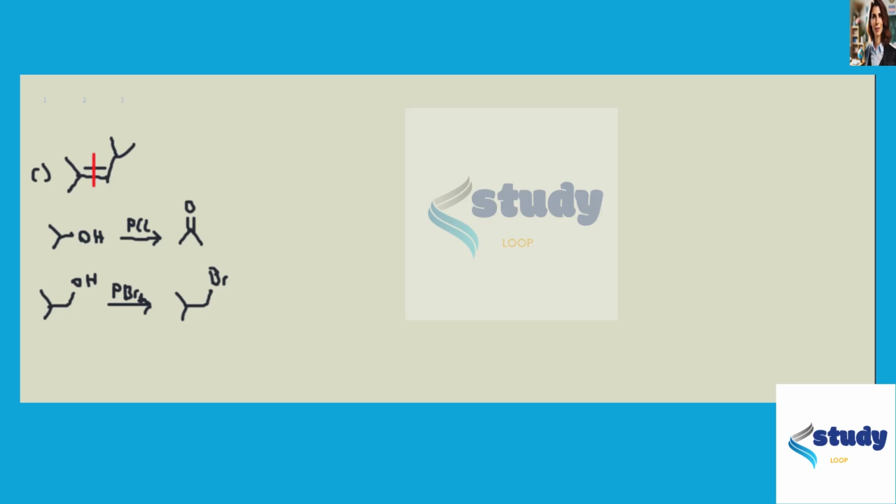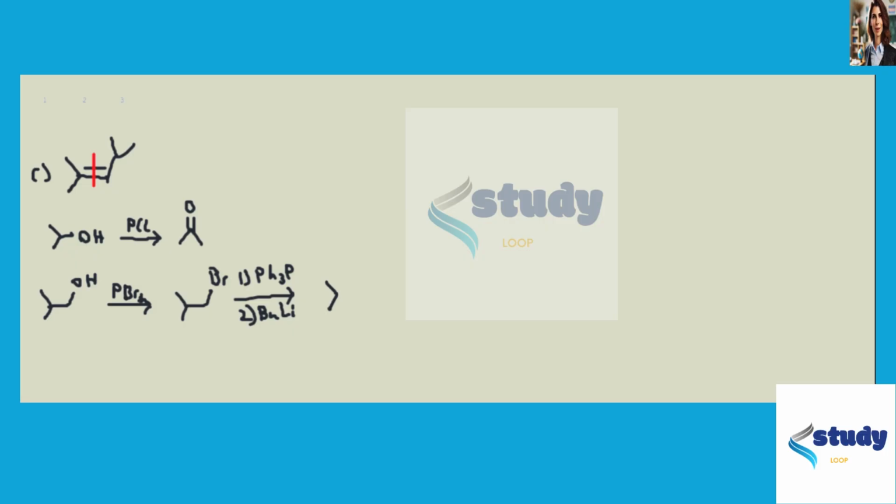From there, we can make our Wittig with triphenylphosphine and butyllithium.